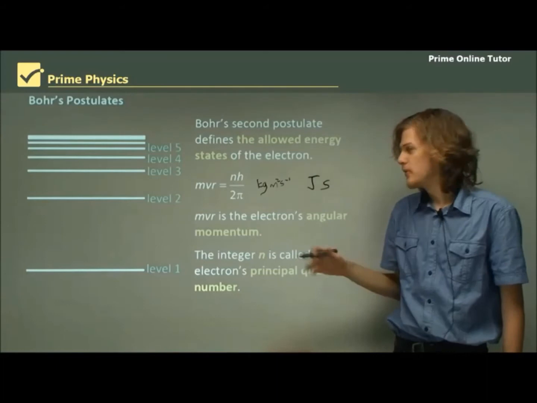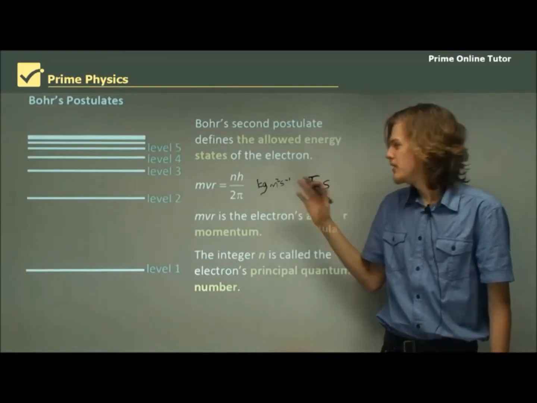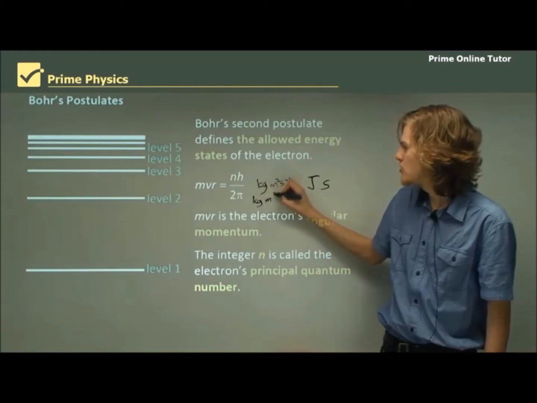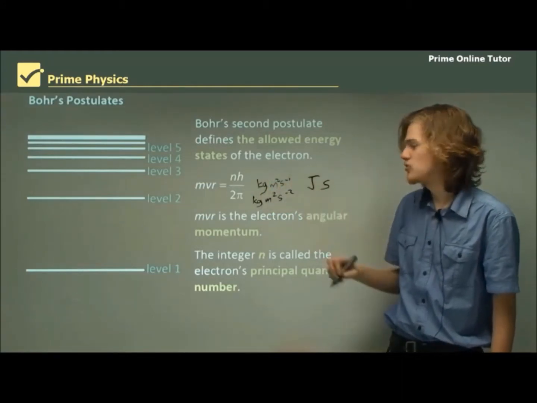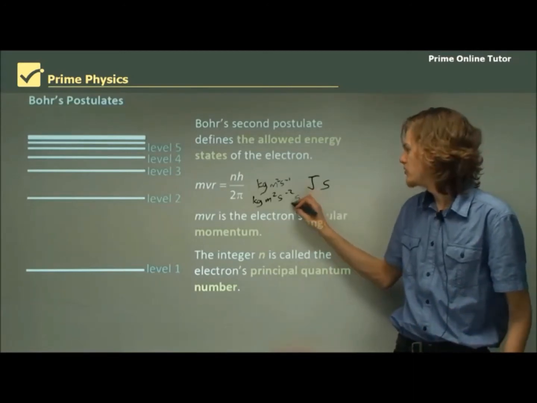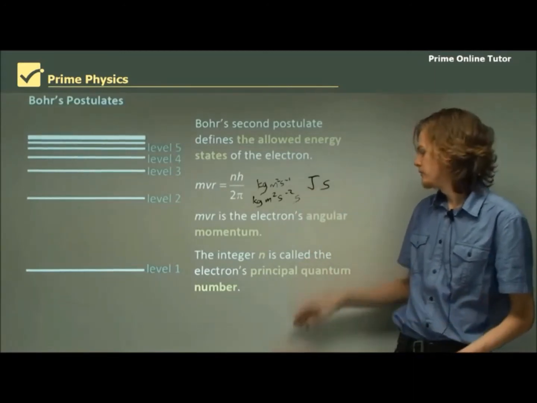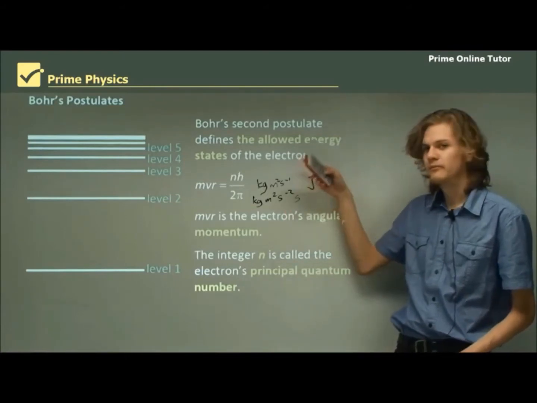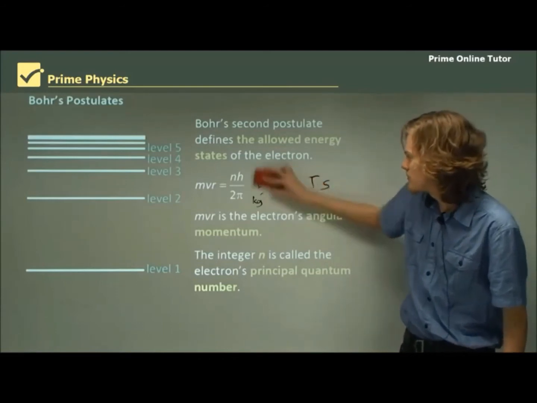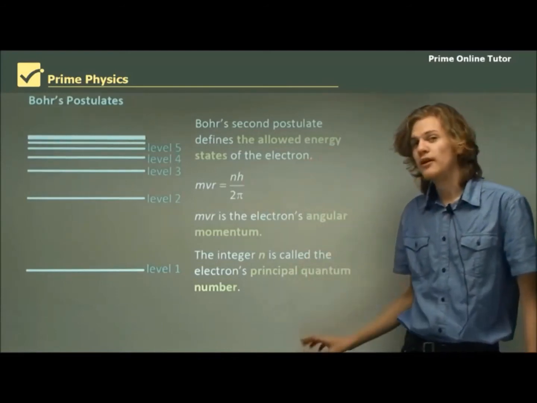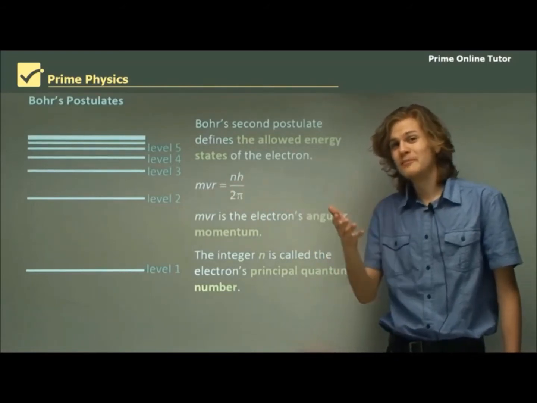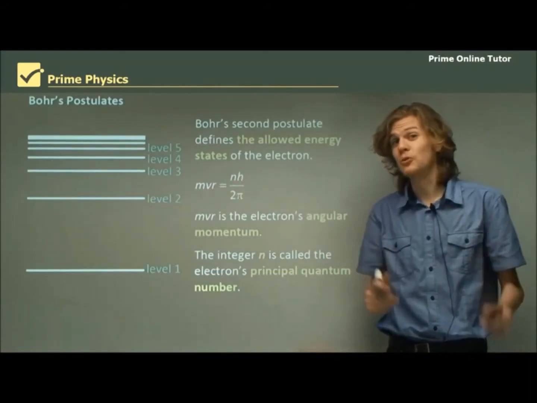Well, it turns out that 1 joule is the same as 1 kilogram meter squared per second squared. And so if we multiply this by another second, then it'll match up exactly with this expression here. So although they at first look different, the units on both sides are equivalent, which is pretty important when we are making a new physical law.